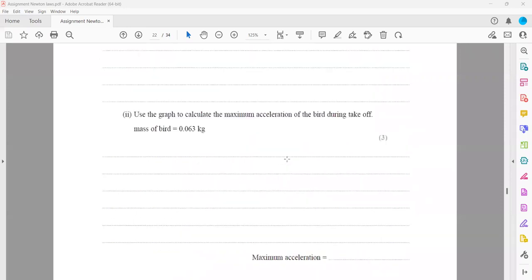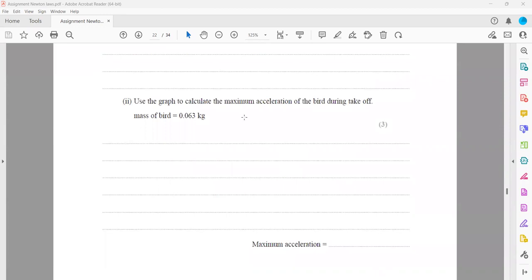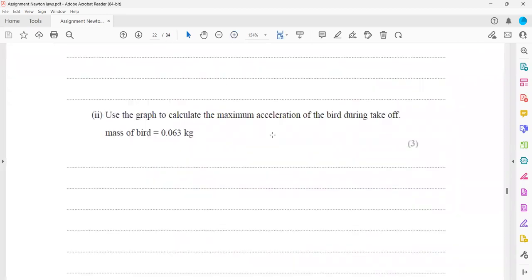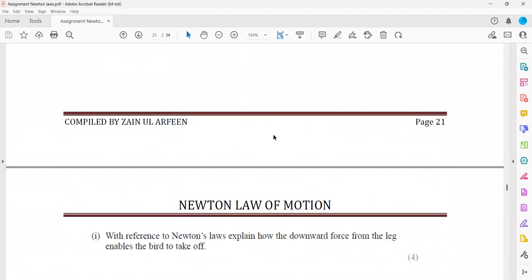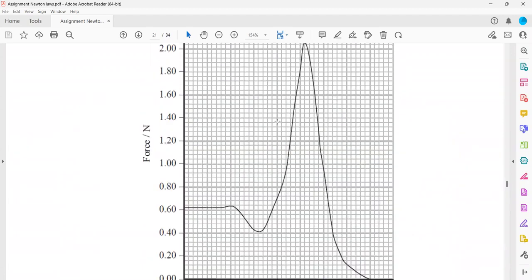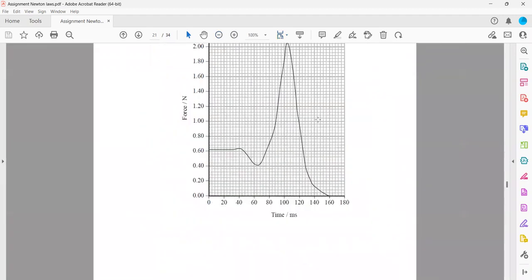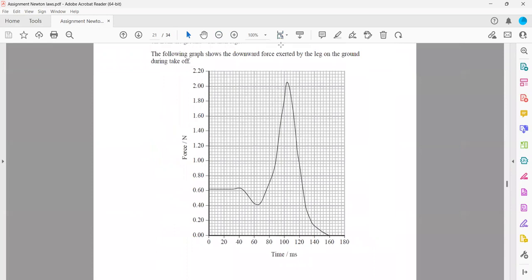The next, use the graph to calculate the maximum acceleration of the bird. The mass of the bird is 0.063. So how can you calculate the maximum downward force applied by the bird? This one is the maximum downward force which is applied by the bird. So we took 2.04, you can take 2.05 because it's not exact.